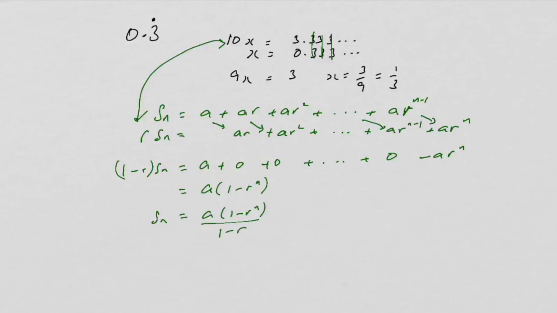Now, it's worth mentioning that that also is the same as saying a times (r to the n minus 1) over (r minus 1), because we've just times the top and the bottom by minus 1.